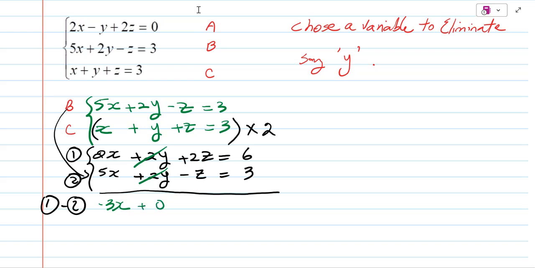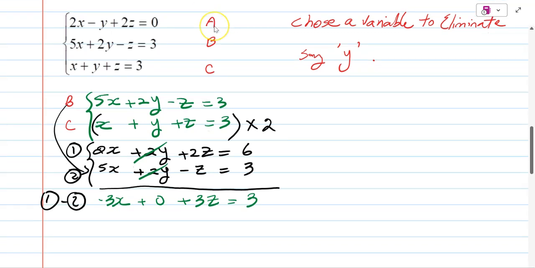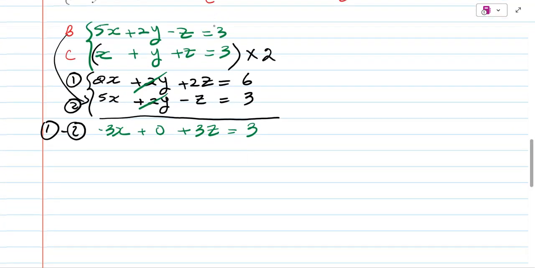Then 2z minus negative z is plus 3z, and that's equal to 6 minus 3, which is 3. Next step, we simplify: minus 3x plus 3z is equal to 3. That is our new equation, let's call it equation D.